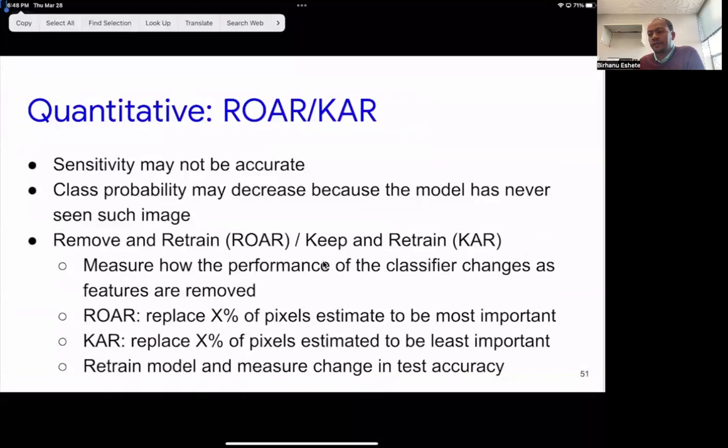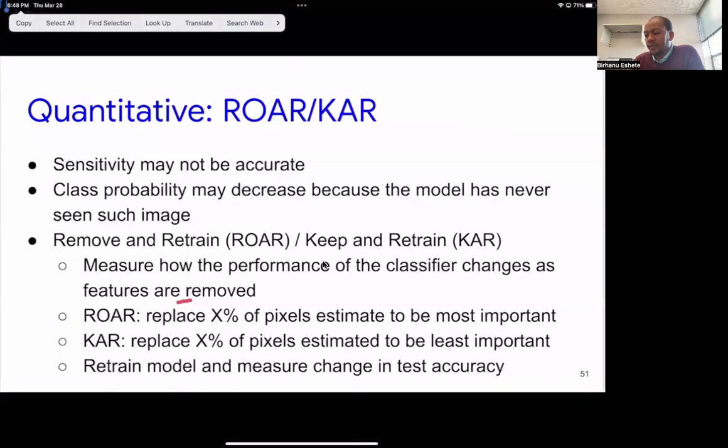And on the quantitative front, there are the remove and retrain or keep and retrain approaches. Sensitivity may not be accurate as a measure, and class probability may decrease simply because the model has never seen such an image, right? The remove and retrain and keep and retrain approaches measure how the performance of the classifier changes as features are removed.